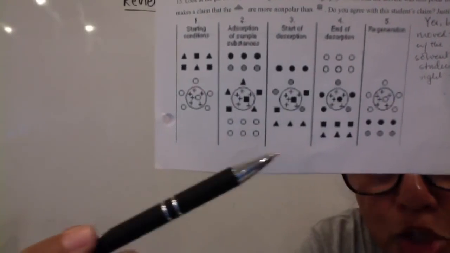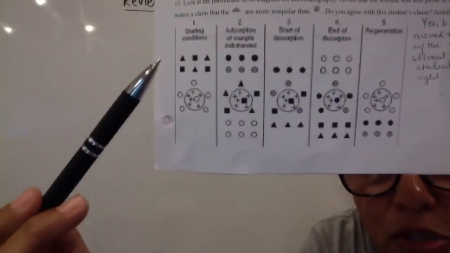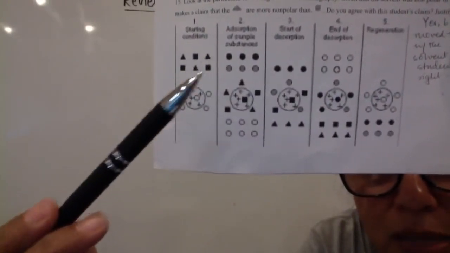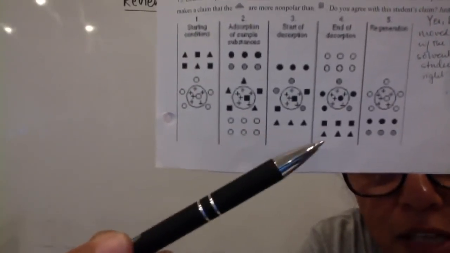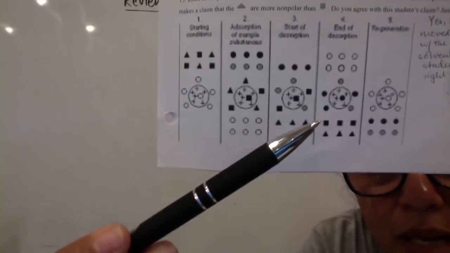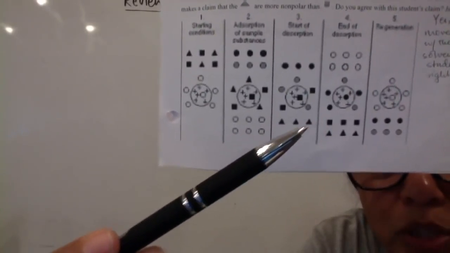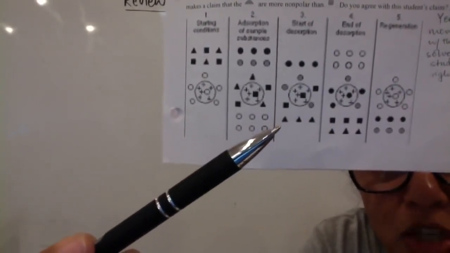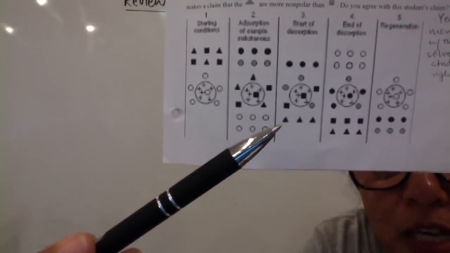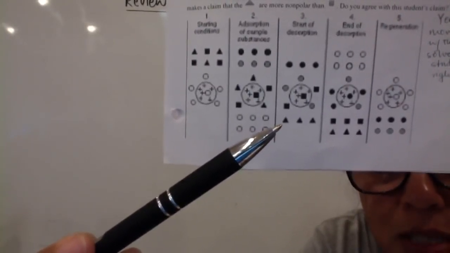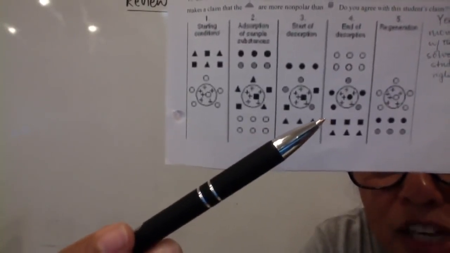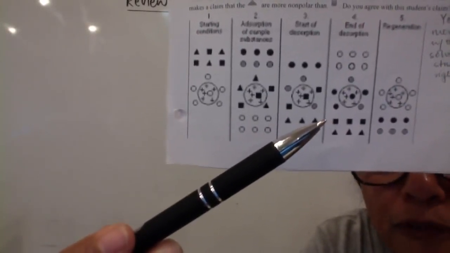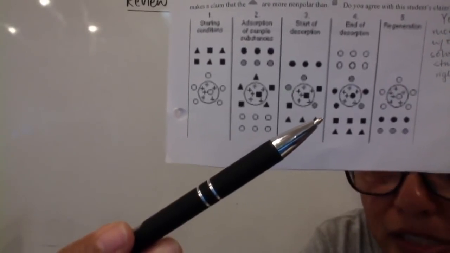So what is of interest to you is where you see there is a mixture, and the triangles come out first and the rectangles come out later. What you get from this picture is that the triangles have more affinity for the mobile phase because they move out first, and the squares have less affinity for the mobile phase because they move out later.